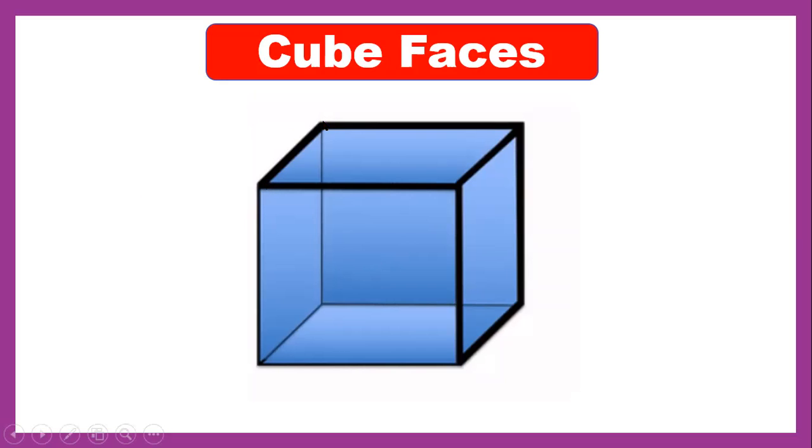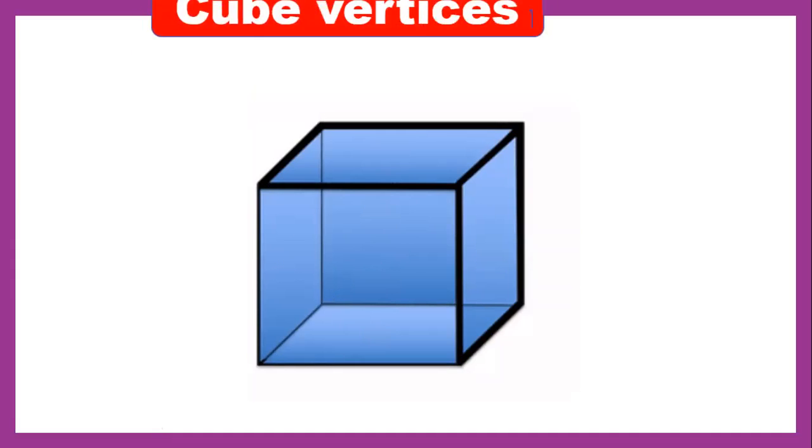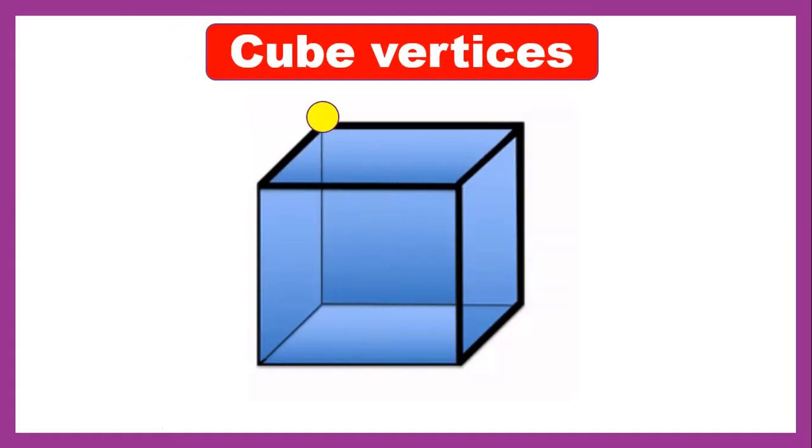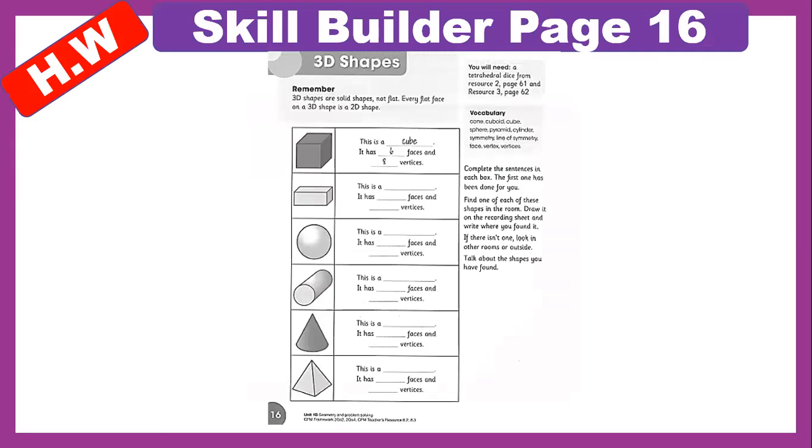One, two, three, four, five, six, seven, and eight. Now count with me the faces. One on the top, one at the bottom, three, four, back and front, six. Six faces. Let's count the vertices. One, two, three, four, five, six, seven, eight. Eight vertices. I hope you understand today's lesson.